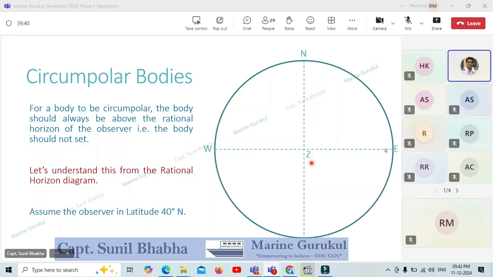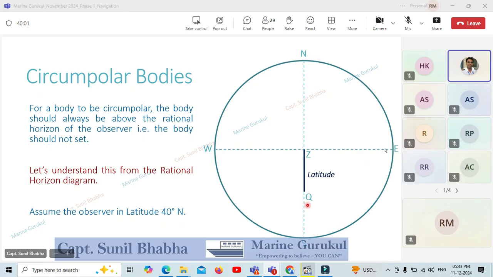Now, since the observer is in the north hemisphere, the latitude is north, so the equinoctial will be passing south of the observer. From point Z, if we go down south equal to our latitude, that gives us the point from where the equinoctial will be passing.